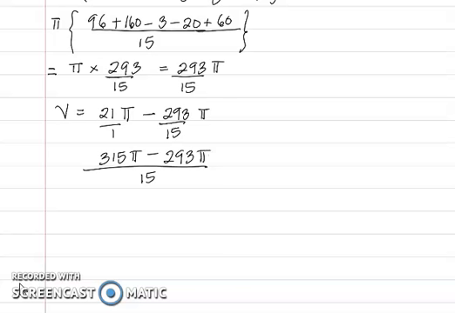And so our final answer, V, the volume generated when the area bounded by the straight line and the curve is rotated 360 degrees about the x-axis, is equal to 22 over 15 pi cubic units. All right, so that's the end of the question.